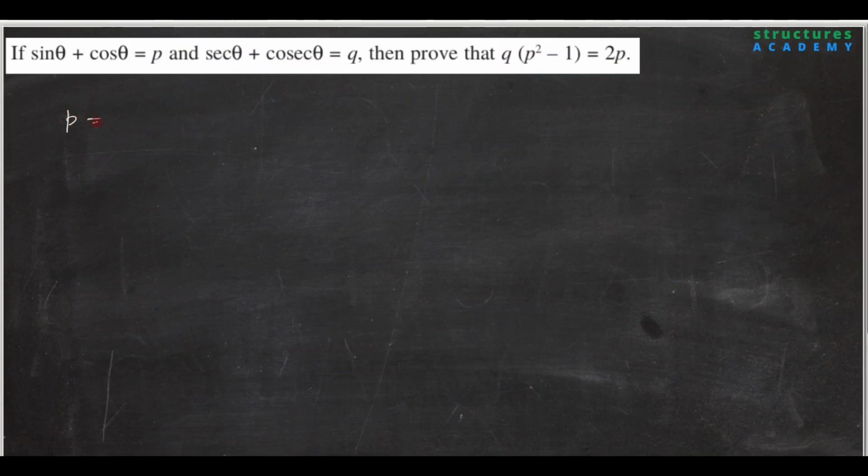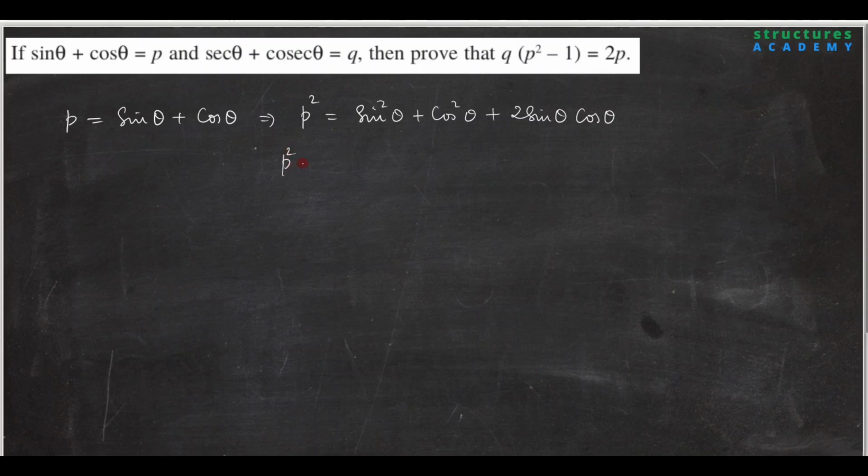So first P is equal to sin theta plus cos theta, which implies if I square on both sides, I'm going to get sin square theta plus cos square theta plus 2 sin theta cos theta.